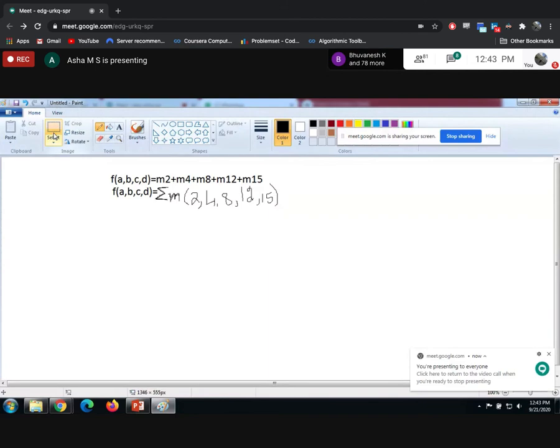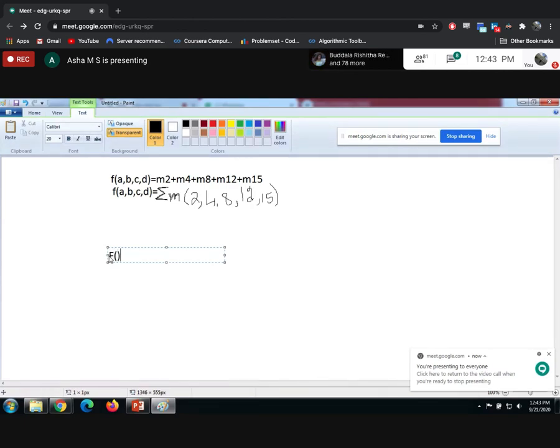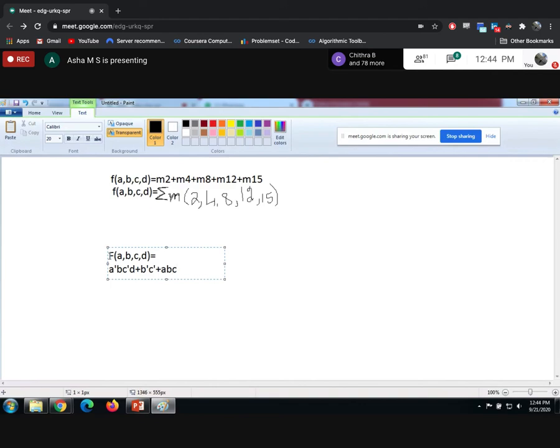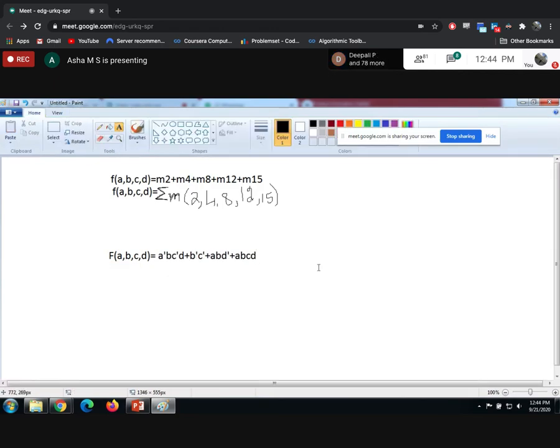Let me show another way. f of a comma b comma c comma d equal to a dash b c dash d plus b bar c bar plus A B D bar plus A B C D. Can anyone give the truth table for this?